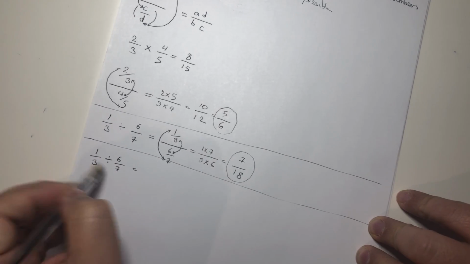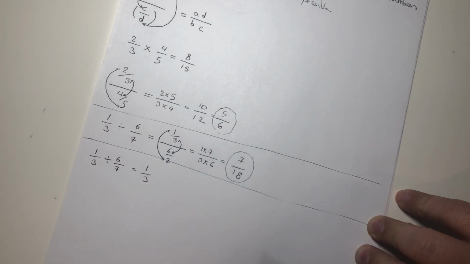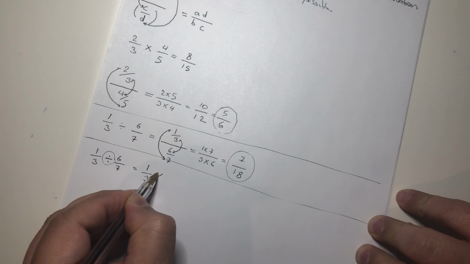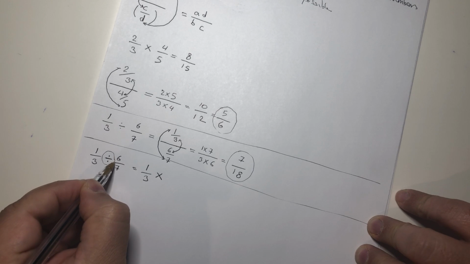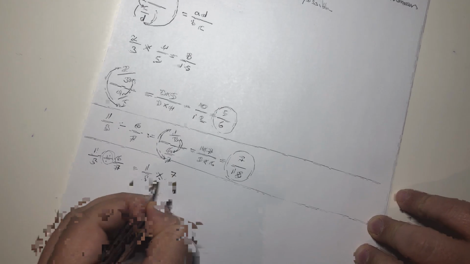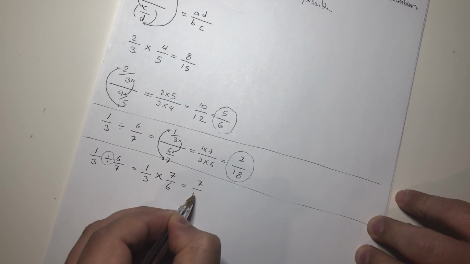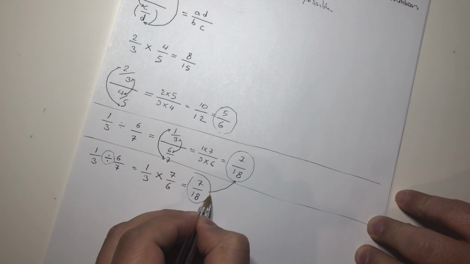In order to do the division, you can write the first fraction, change the division to multiplication, and then inverse the second fraction. So instead of 6 over 7, we write 7 over 6, right? So it would be 7 over 18. So the same result that we got here.